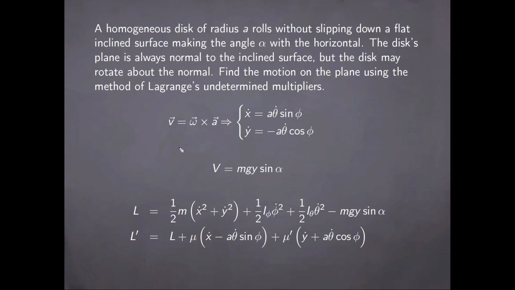We begin from the constraint of rolling without slipping, which implies that the velocity of the center of mass must be perpendicular to the angular velocity of the disk, so the constraint is of this form.